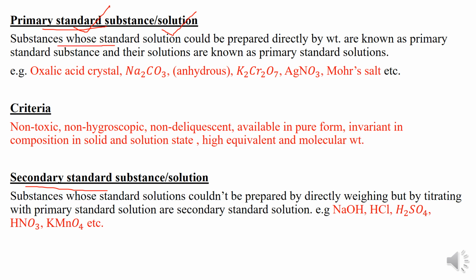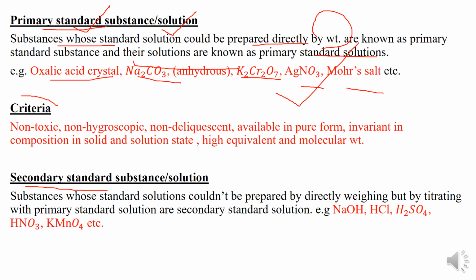Substances whose standard solution can be prepared directly by weighing the required amount are known as primary standard substances. For example, oxalic acid, sodium carbonate, potassium dichromate, silver nitrate, and Mohr salt are primary standard substances, and their solutions are primary standard solutions.